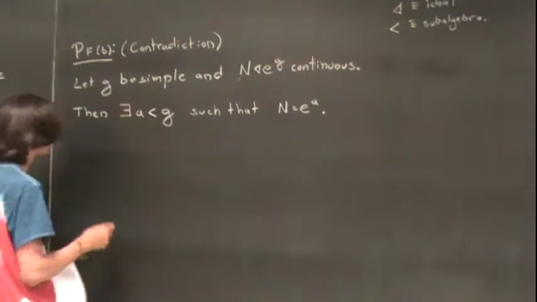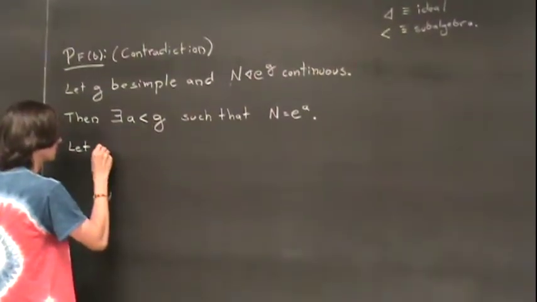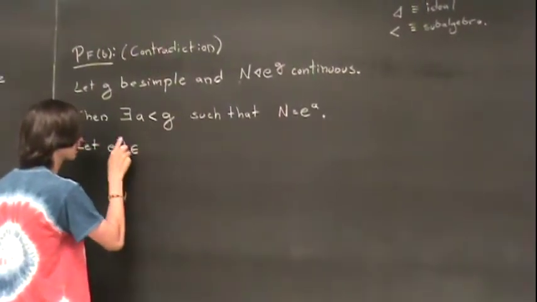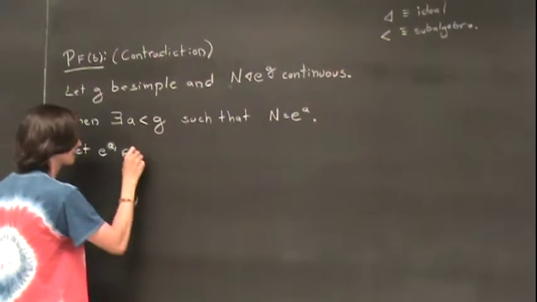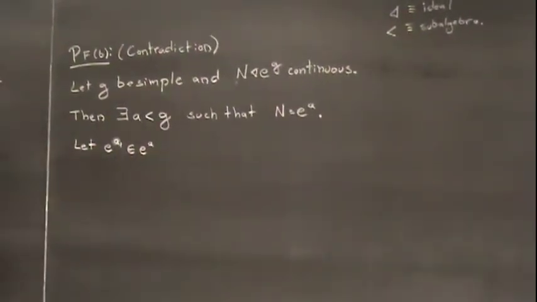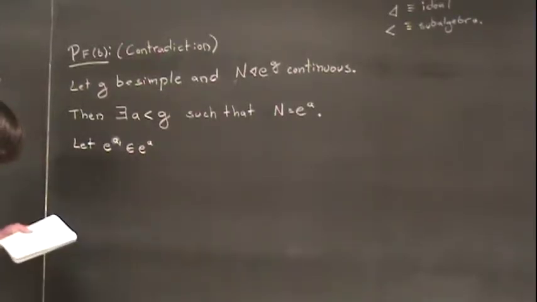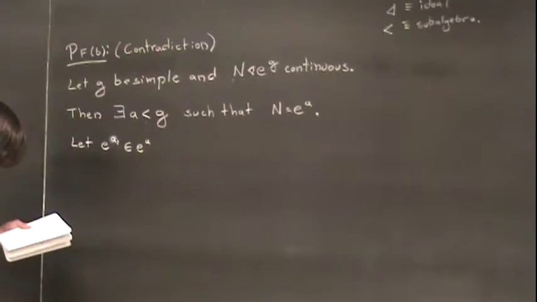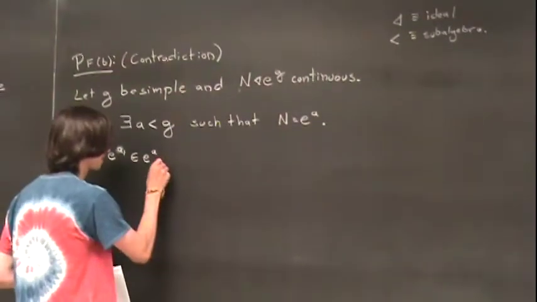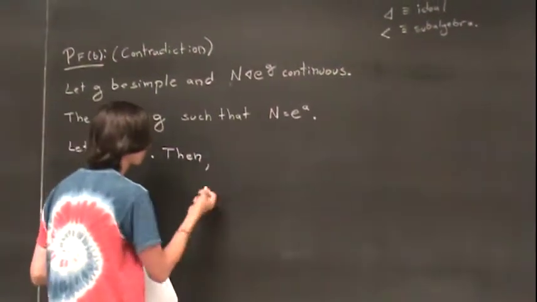Yes, there's a normal subgroup, so let e to the a1 be an element of e to the a. Then we just do something very similar to what we've done before.